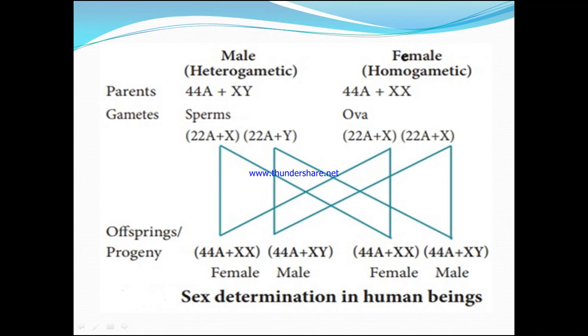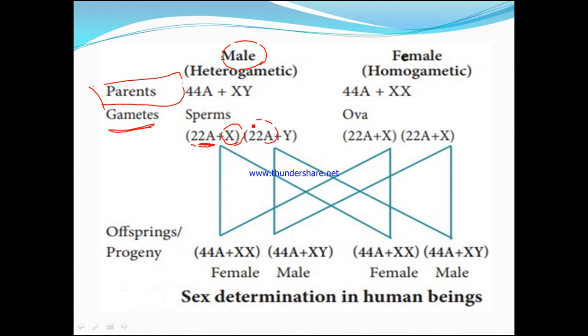Sexual reproduction is a process. Number one, the gonads give gametes by meiosis division. The parents give gametes by meiosis division: in the male gonads, forming 22 autosomes plus X in probability number 1, and 22 autosomes plus Y in probability number 2.